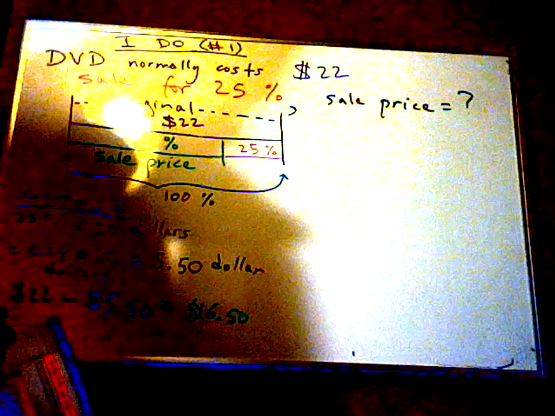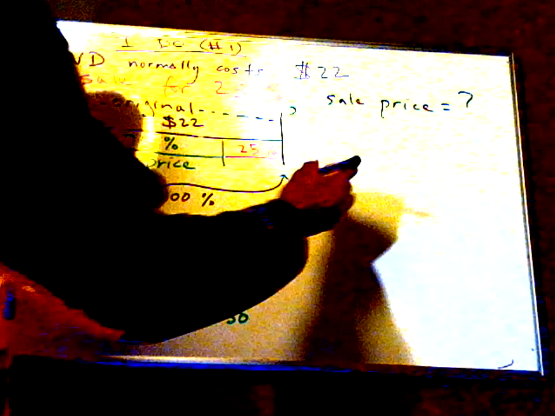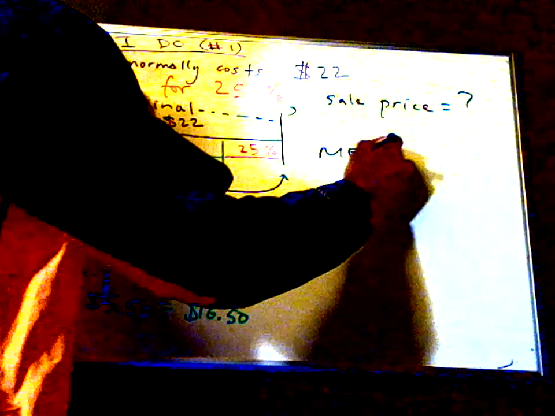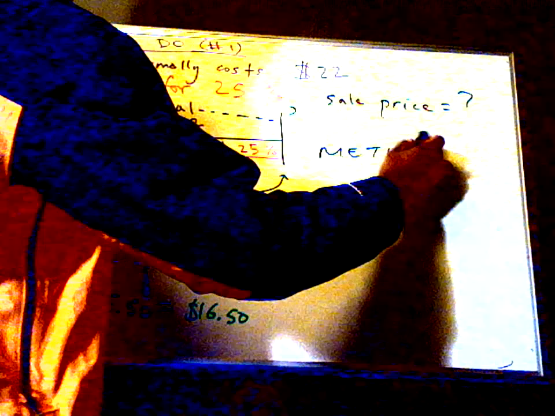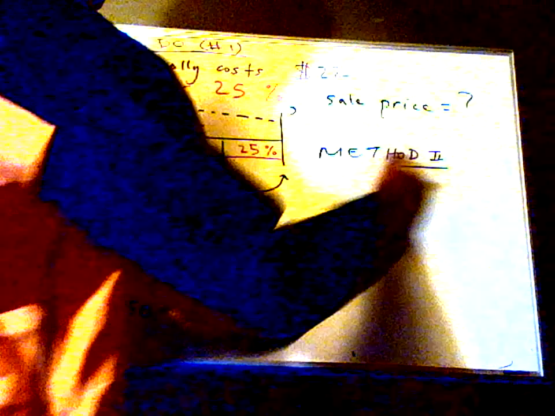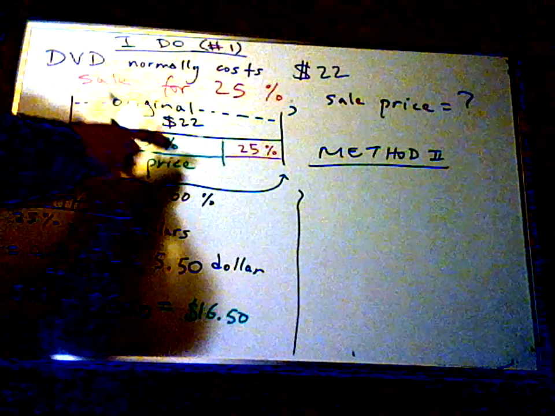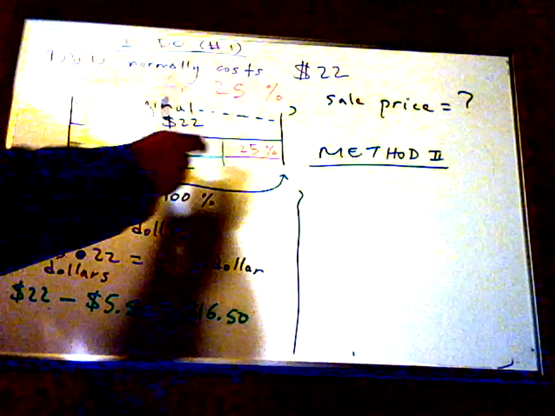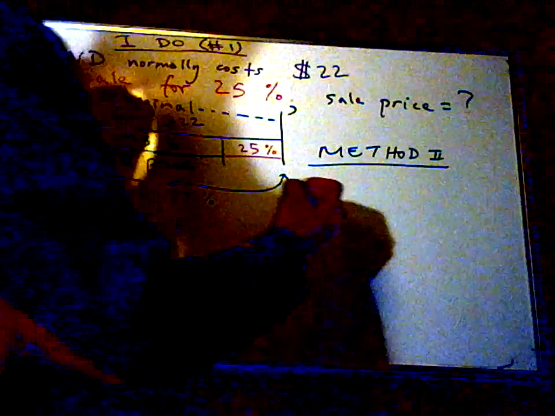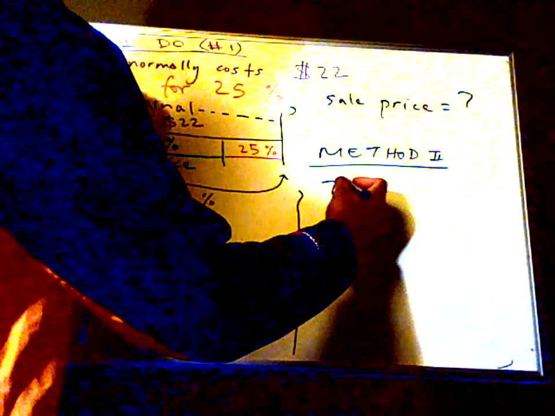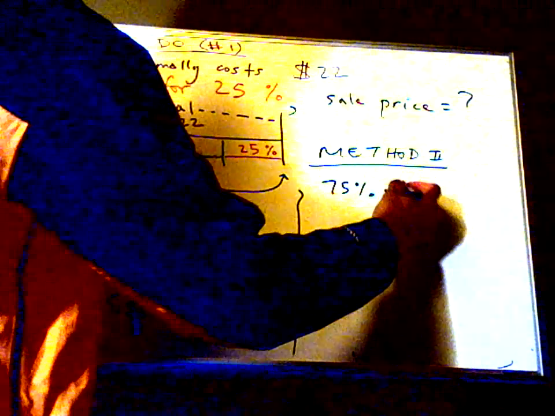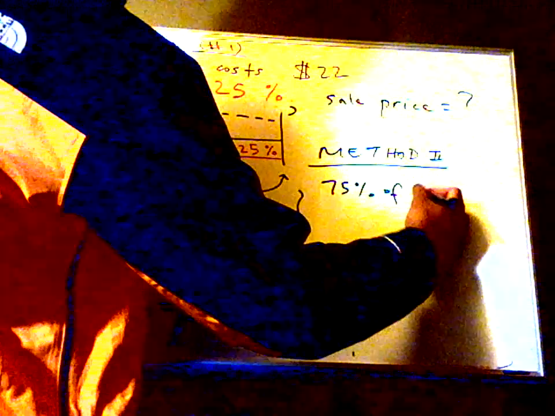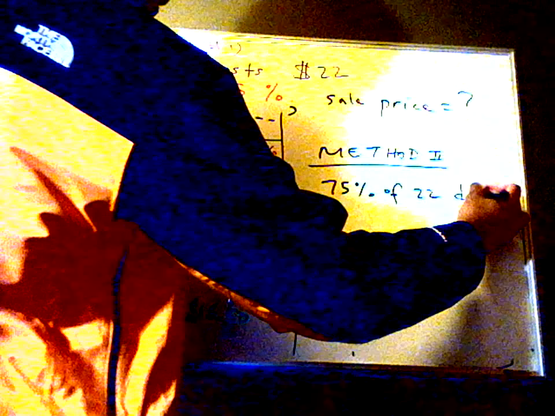Now, method two is to use this information. Since you're losing 25% of the value, you're retaining 75%. So all you gotta do is say 75% of $22 is what you're retaining.